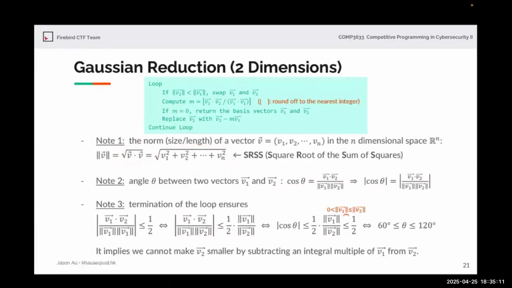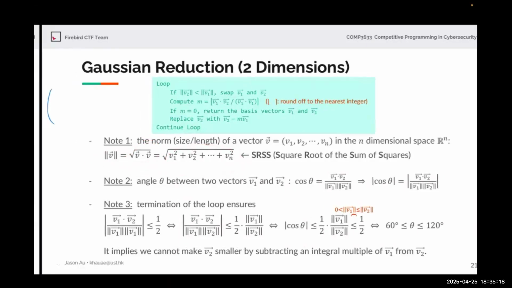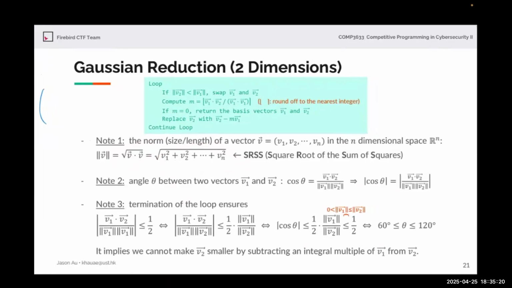So for the vector V equals V1, V2, dot dot dot Vn, the norm of this vector would be V1 squared plus V2 squared plus dot dot dot plus Vn squared, and square root the whole thing. So this is called the norm, or the size or length, of this vector.